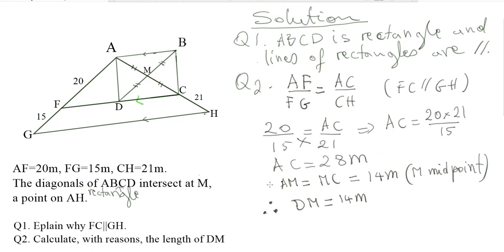So we can say now MC is equal to DM. So it's equal to what? 14 meters. Why? Because of the midpoint, the midpoint of a rectangle's diagonals.